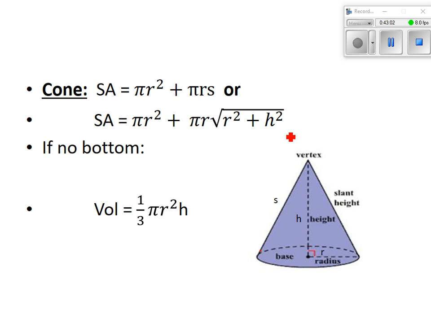Next one's cones. You're going to be lost on cones. First time you see a cone, you're going to be like, what is this? No, we have them on our formula page. That's true, but you're going to look at that.